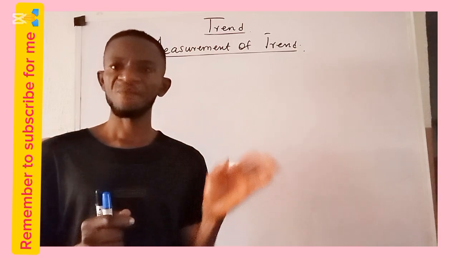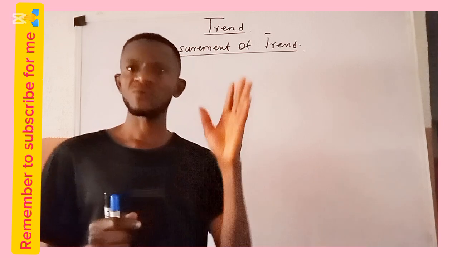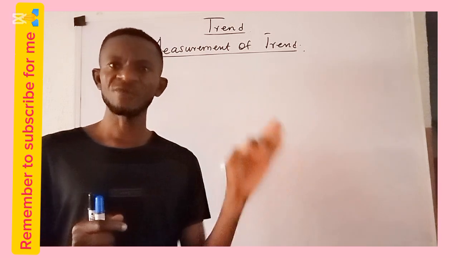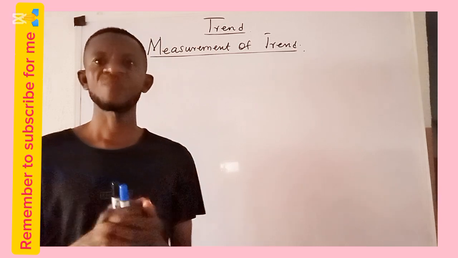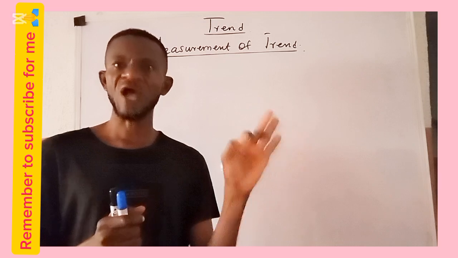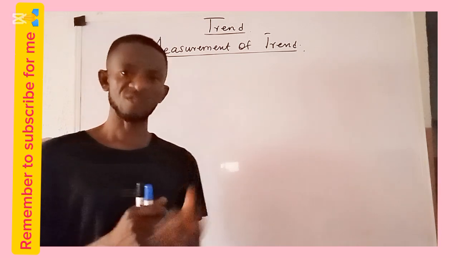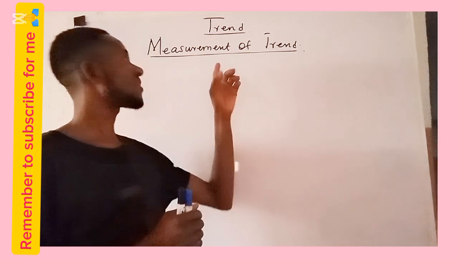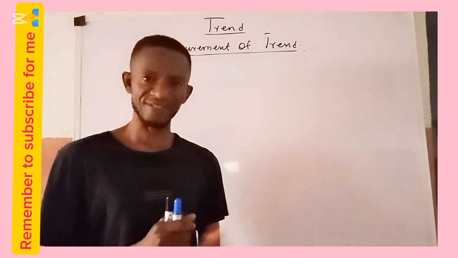And the question is, what are those things responsible for making the values of time series not to be the same across time? We say those forces are what we consider to be the components of time series. And trend was one of the components of the time series that we discussed in that class.